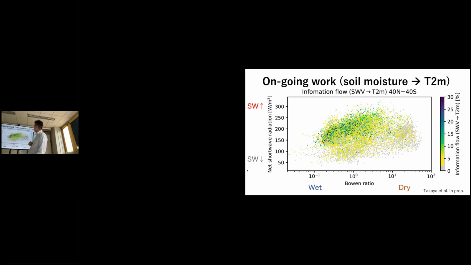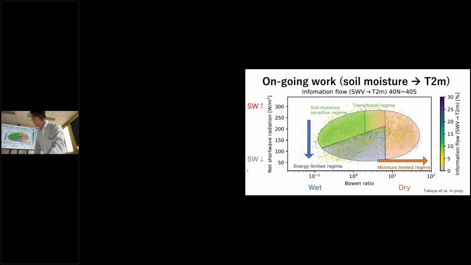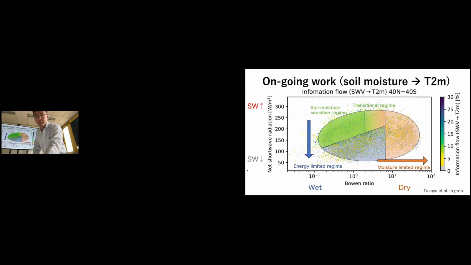So I think it's better to revisit this problem using the new knowledge. So yeah, this is ongoing work. I don't have a summary, but I would like to write a paper soon if I have time.